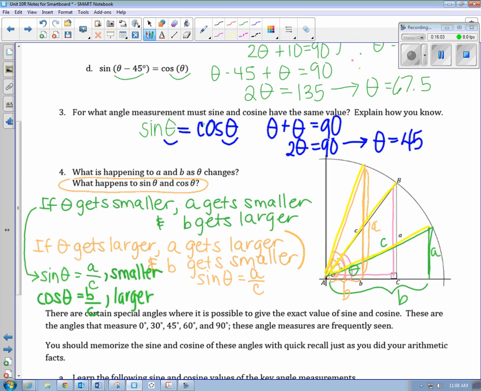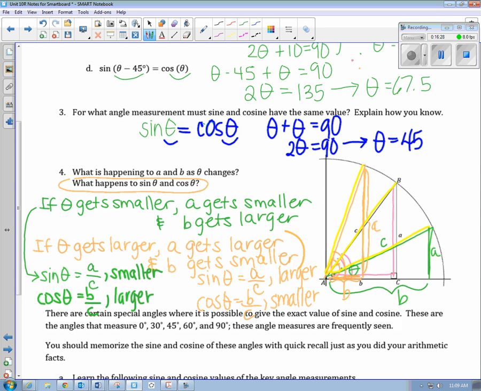So if the A got bigger over that same denominator, it means that sine got larger. And if I do the cosine of theta, which is B over C, compare the B value of the orange triangle to the pink one, and that got smaller while the denominator stayed the same, then that means the value of cosine got smaller.